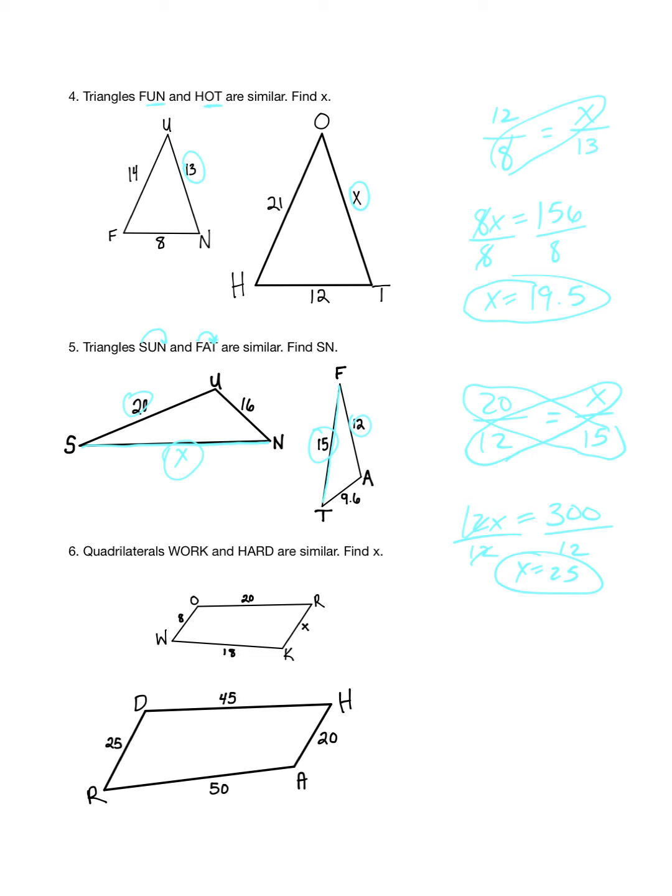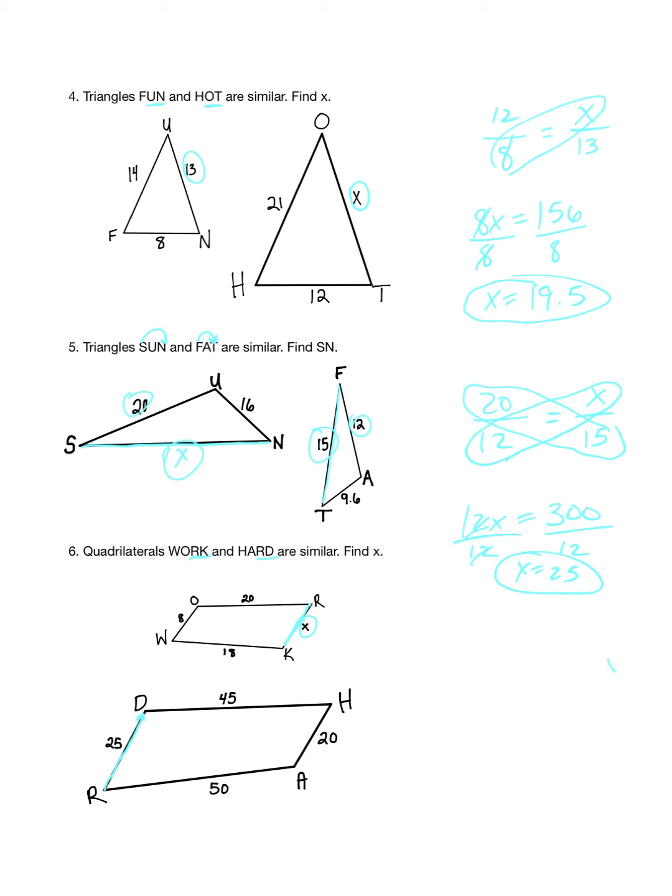Quadrilaterals work and hard are similar. Find x. Well, let's see. X is on the R to K. So R to K is the same as R to D. Okay.